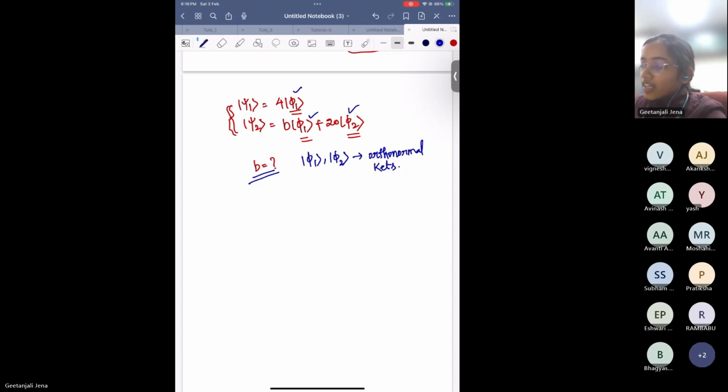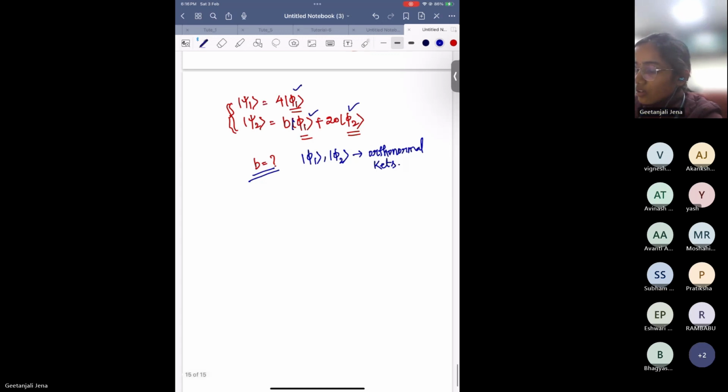So here you are saying that B is associated with phi 1, right? Given psi 1 and psi 2, the inner product must be equal to 0 for the orthogonality condition.